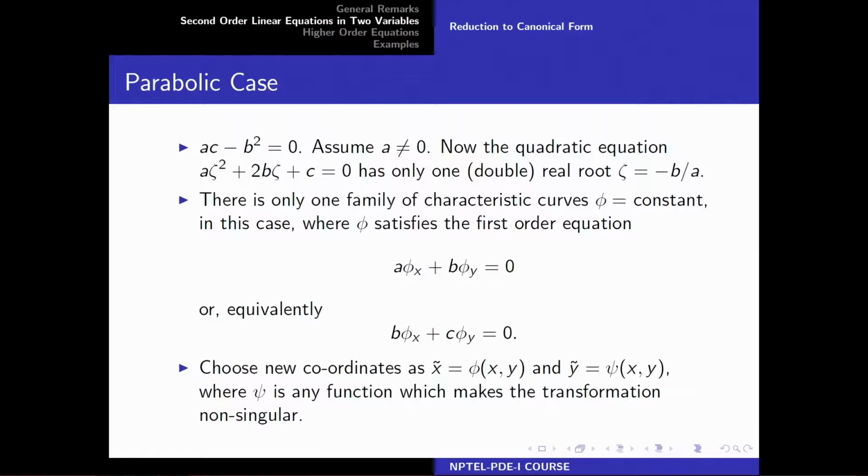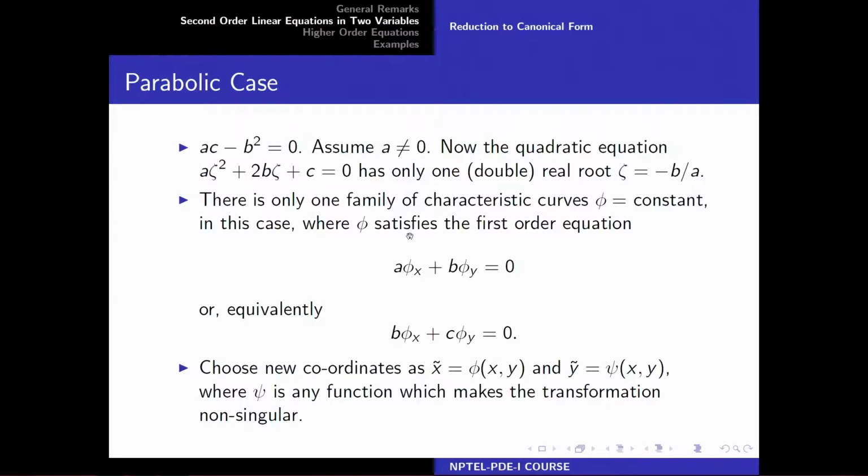Okay. Because we are considering second order equation, all 3 cannot be 0 simultaneously. Okay. So, either a should not be 0 or c should not be 0. So, for definiteness we are assuming a not equal to 0, okay, and similarly c is not equal to 0. And in this case again that quadratic equation has only one double real root, namely zeta equal to minus b by a.